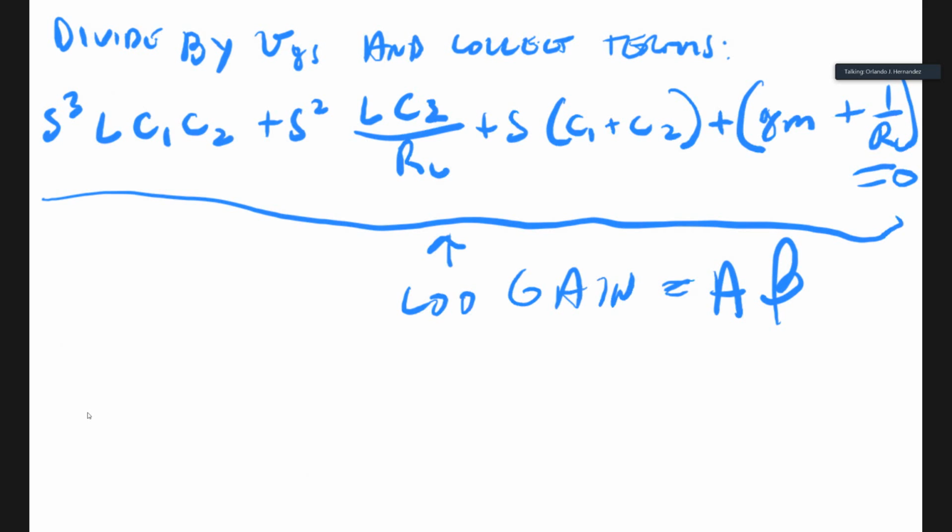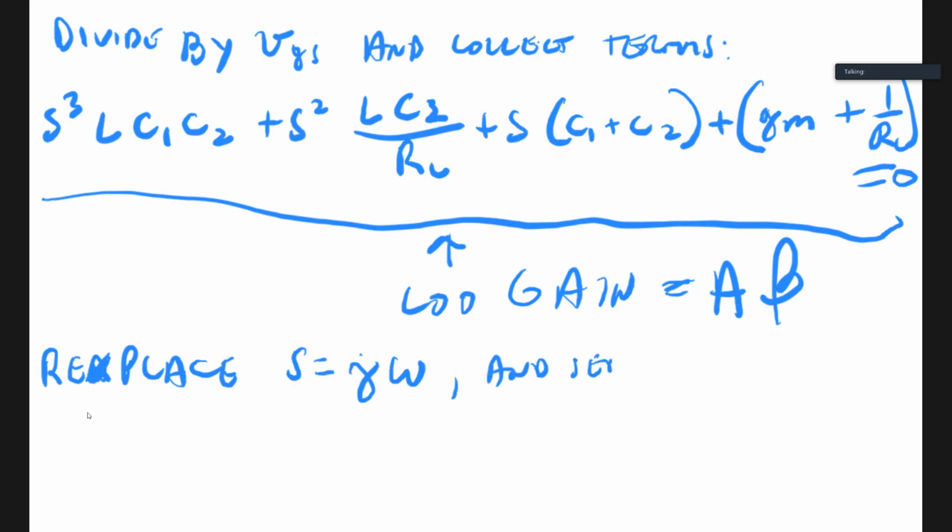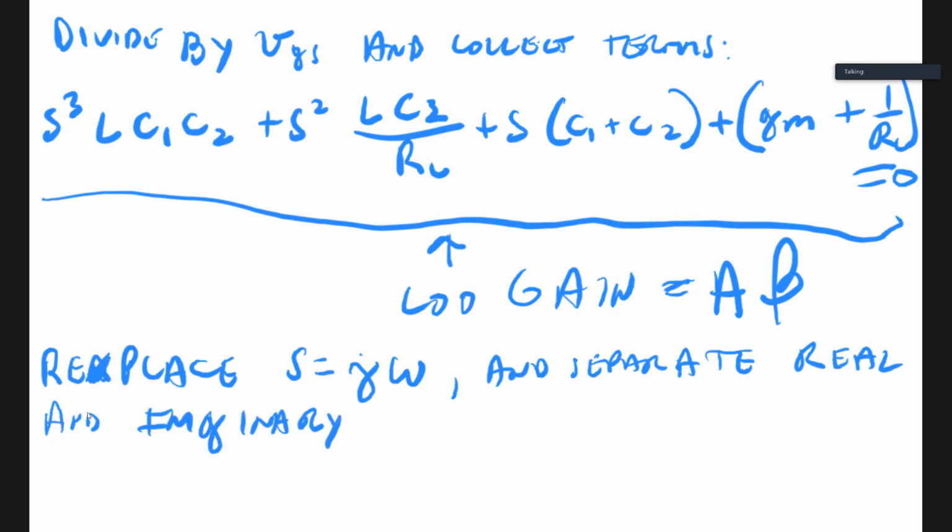And then the next step is to replace S with j omega. Now that we have a complex equation, we're going to separate the real and imaginary parts.